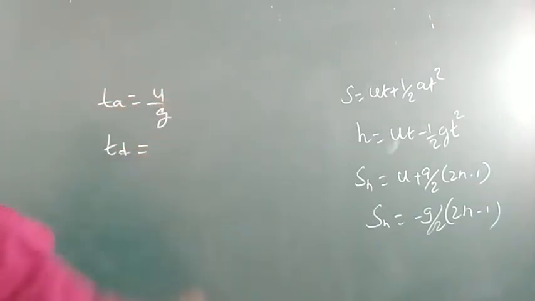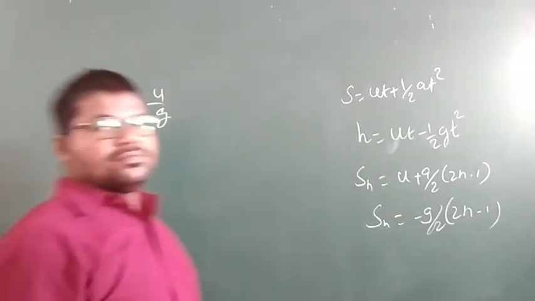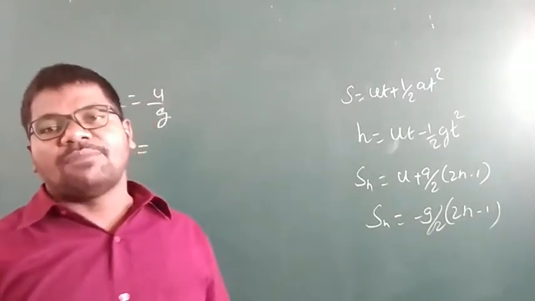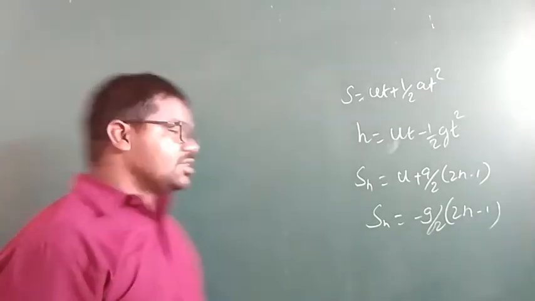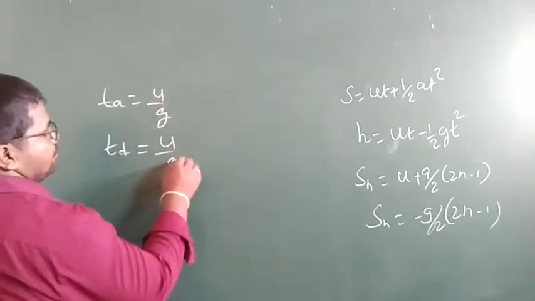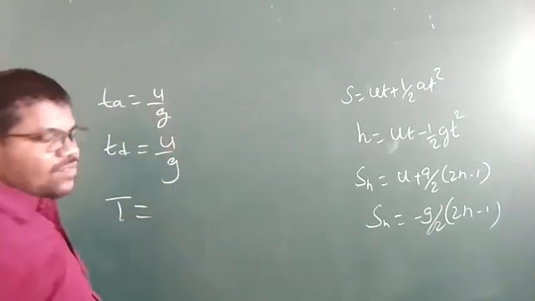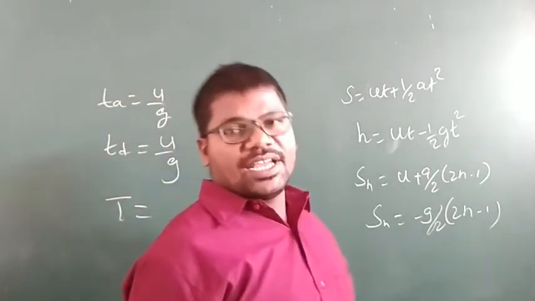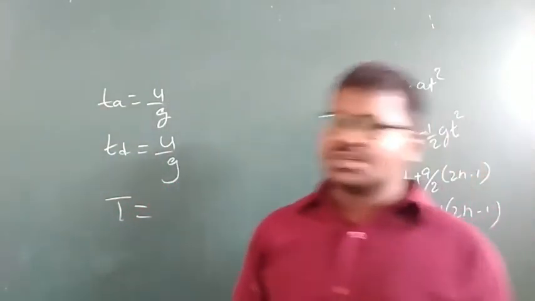Td, the time taken by a particle from the top point to the base point, has the same value, u by g. T, the time of flight, is the total time taken by a particle in air.